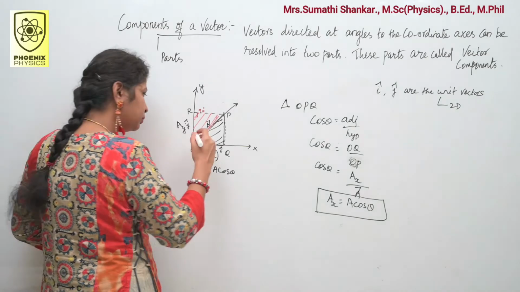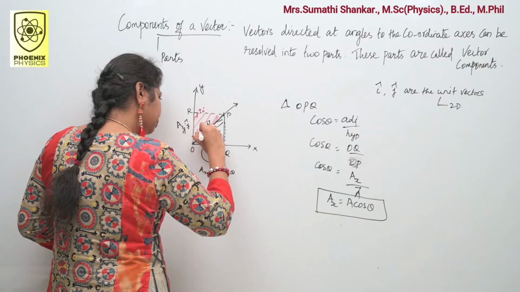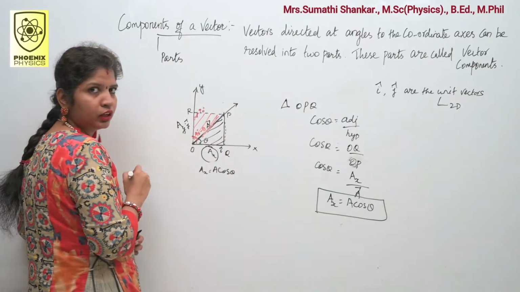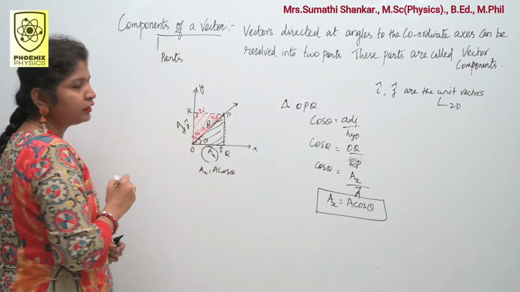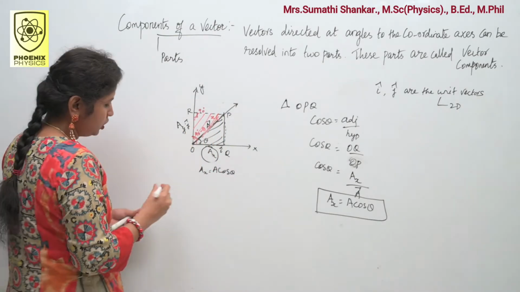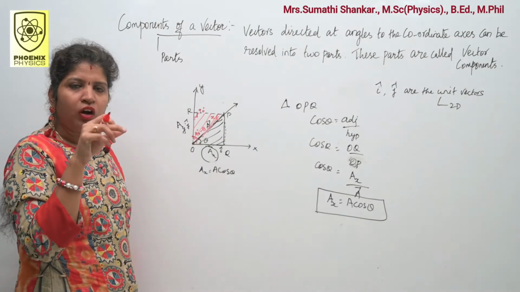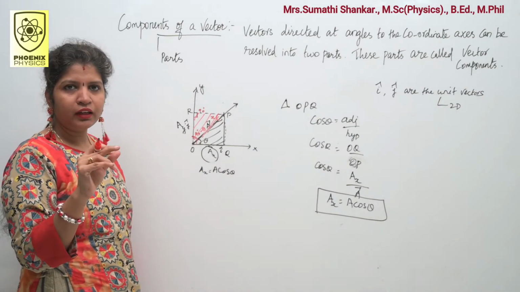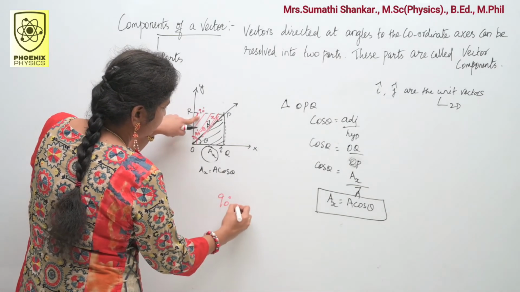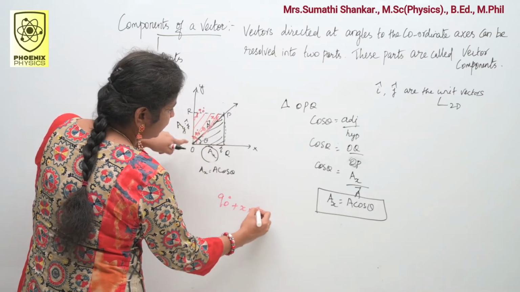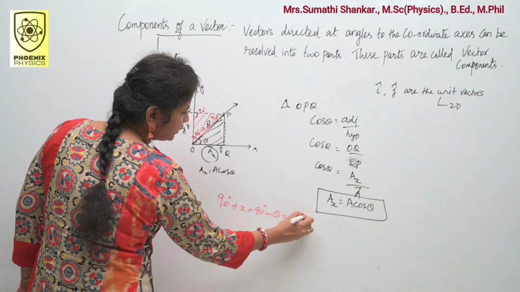This angle is theta, so the angle in between is 90 degrees minus theta. Then what about this angle? Say this angle is x. You know the rule: the sum of all three angles in a triangle is 180 degrees. So 90 degrees plus x plus 90 degrees minus theta is equal to 180 degrees.